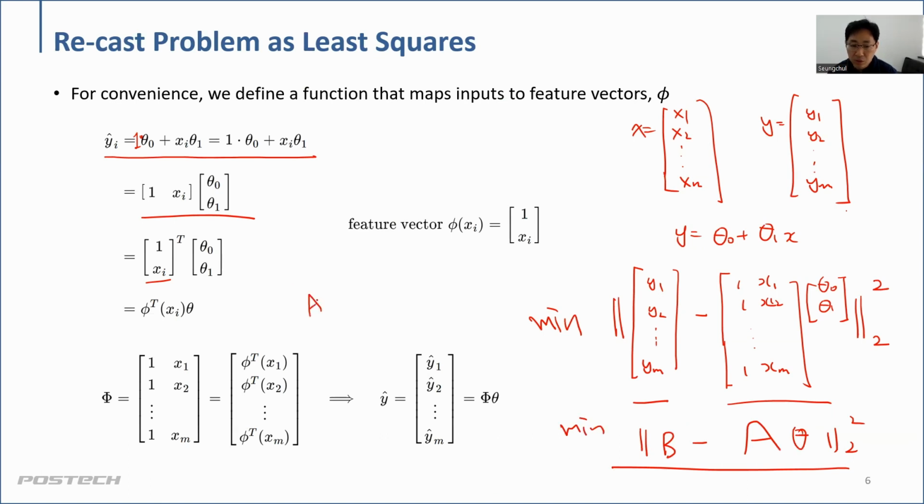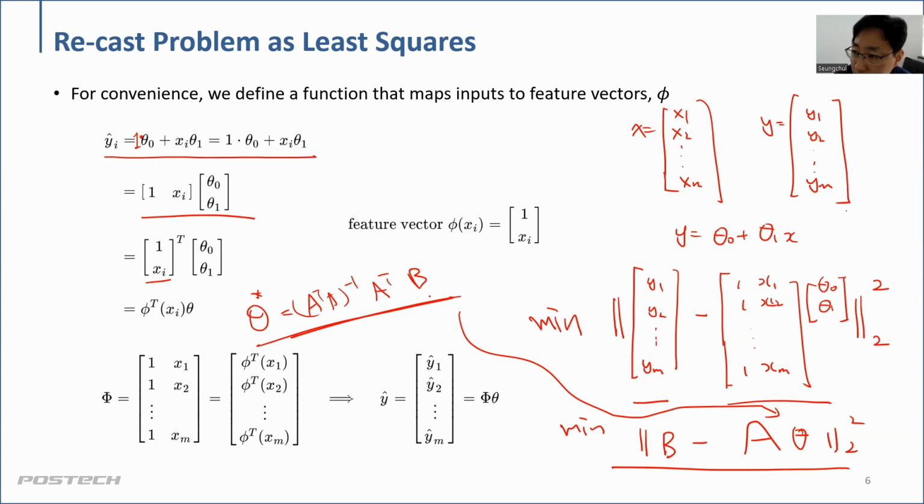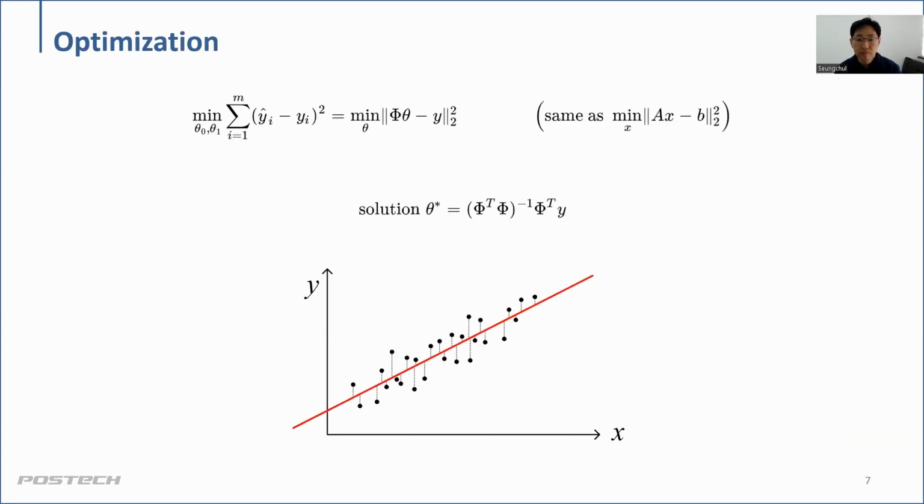You remember A transpose A inverse, things like that, times b. Remember that one? So it turns out that with this kind of trick, the linear regression problem is a least squares problem, and we can reformulate it like that.